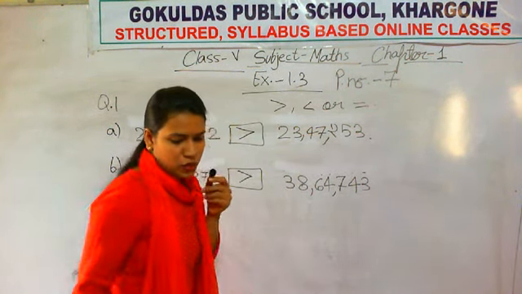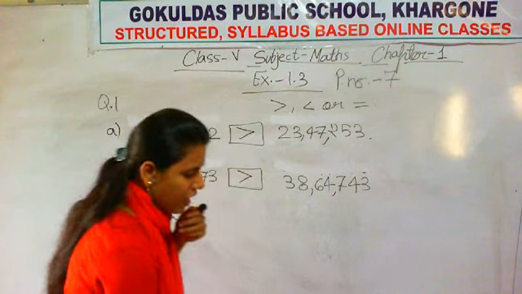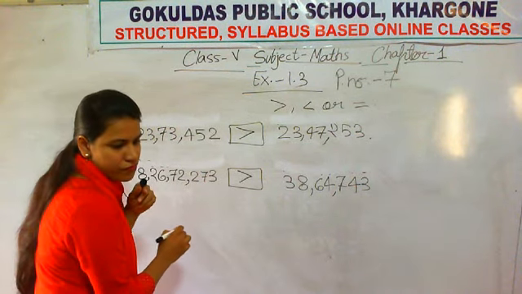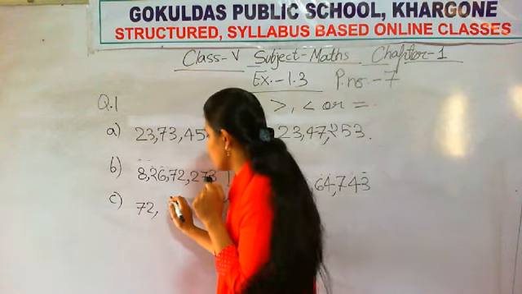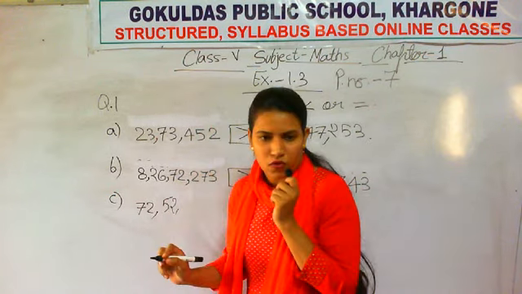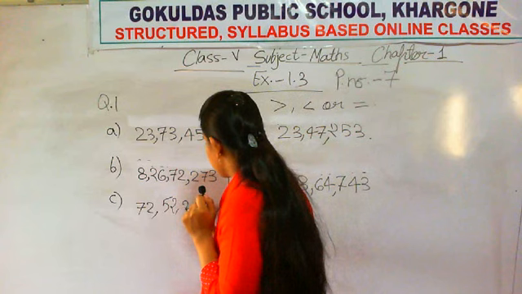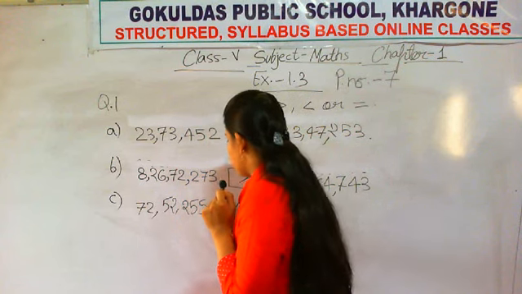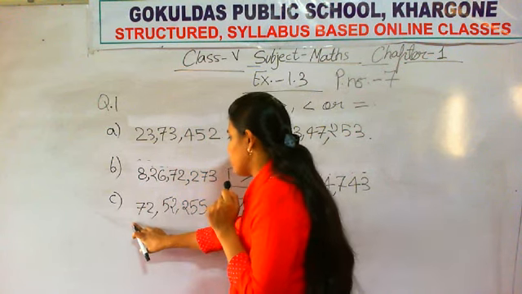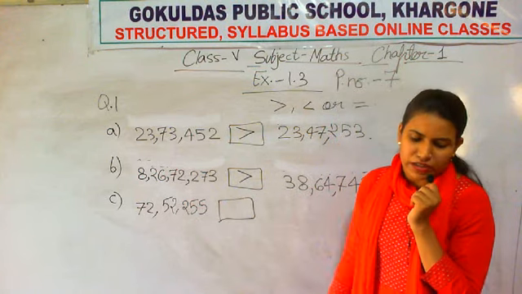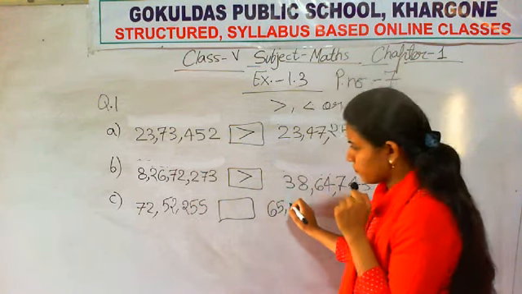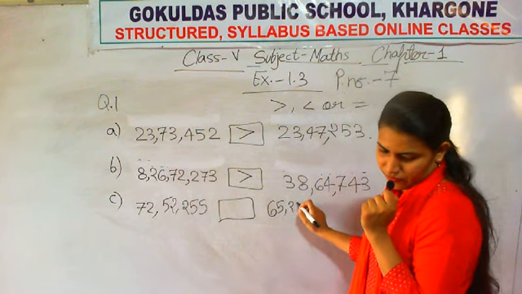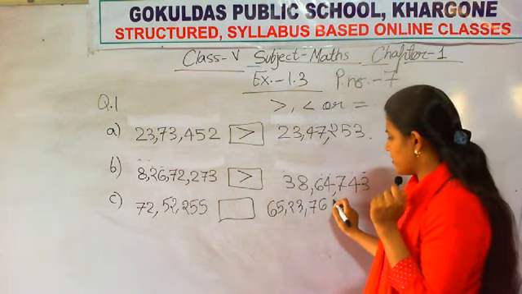In the same manner you will do the remaining questions using the same three rules. In question C, the number 72 lakh 52,255 is given, and another number is 65 lakh 23,765.